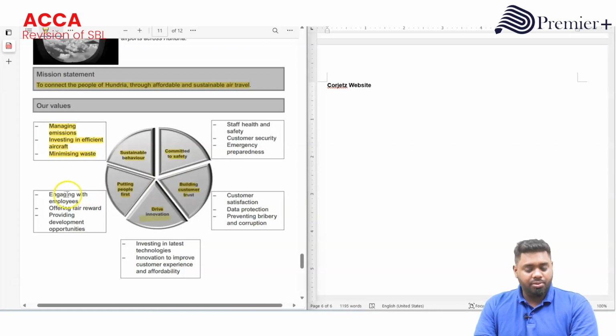Putting people first: engaging with employees, offering fair reward, providing development opportunities. This shows their concern for people. Drive innovation: investing in latest technologies, innovation to improve customer experience and affordability.